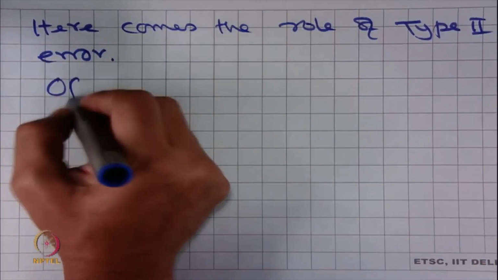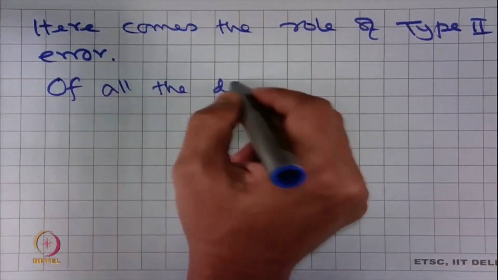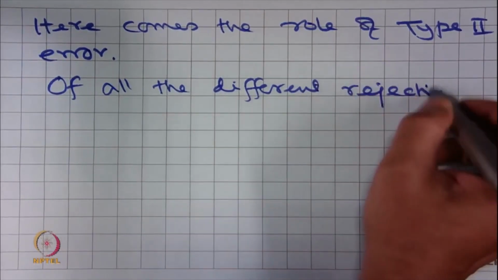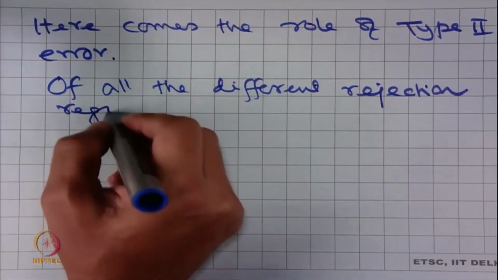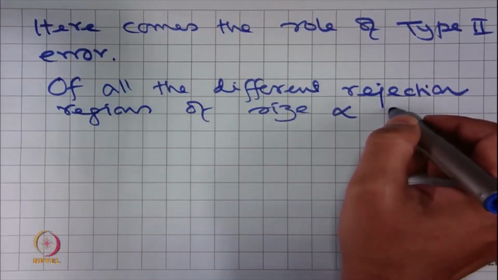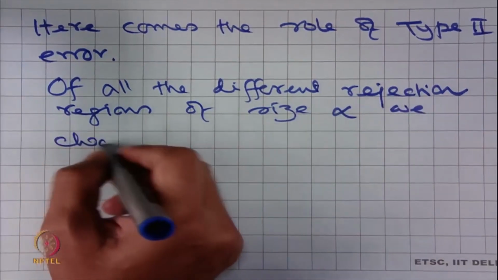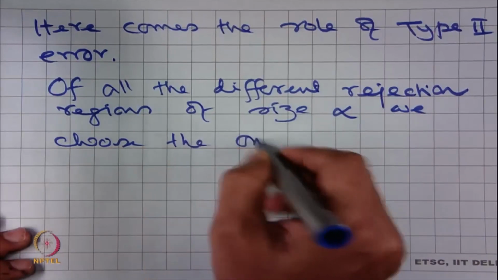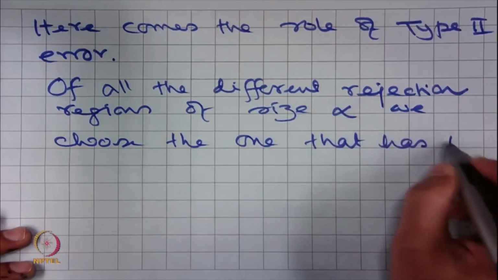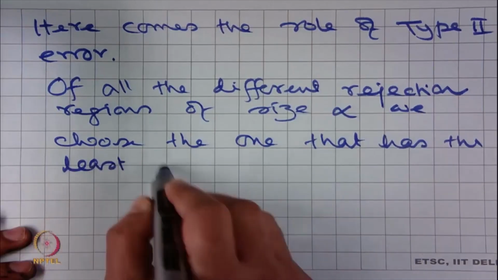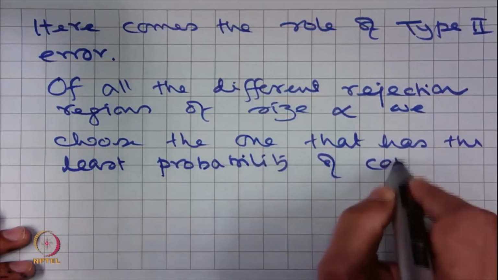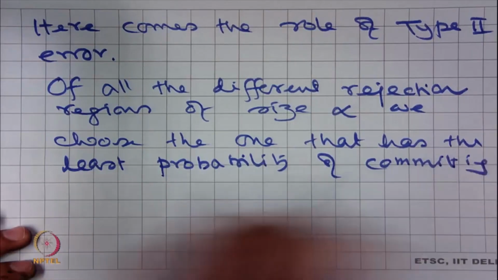Of all the different rejection regions of size alpha, we choose the one that has the least probability of committing type 2 error.